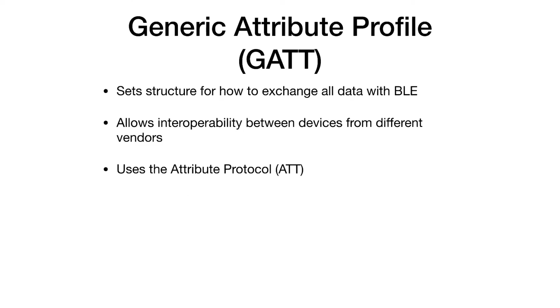I wanted you to be familiar with this term a little bit. This whole idea of how data is exchanged and this idea of characteristics is called the Generic Attribute Profile, or GATT. So this is a common term you'll see when you start working with Bluetooth Low Energy devices.